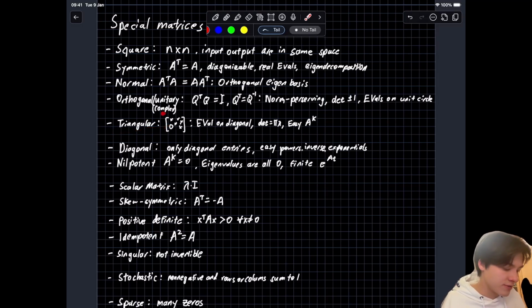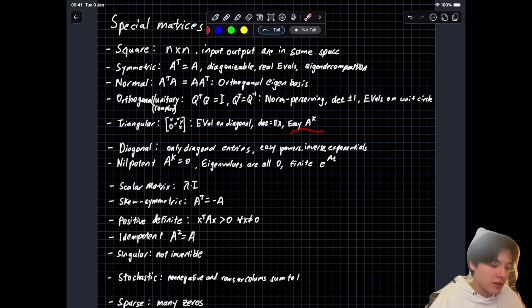We have triangular. That means we only have values on the upper triangle, for example here, only on the upper side, and all zeros on the lower side, or on one side. So the eigenvalues would be on the diagonal. The determinant is just the multiplication of those lambdas, and it's easier to calculate the power of it.